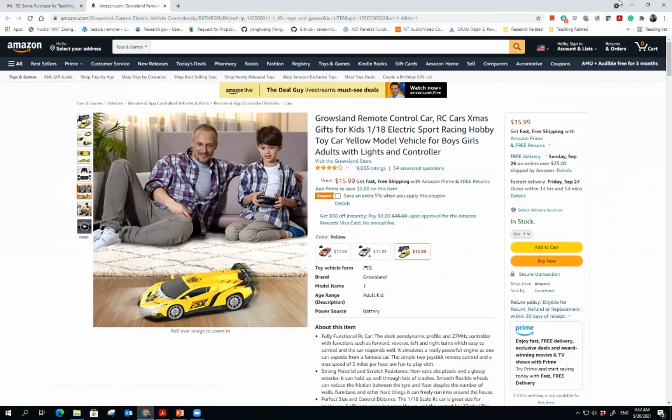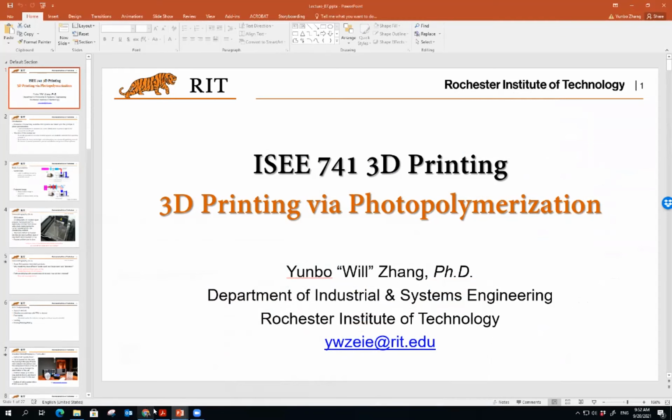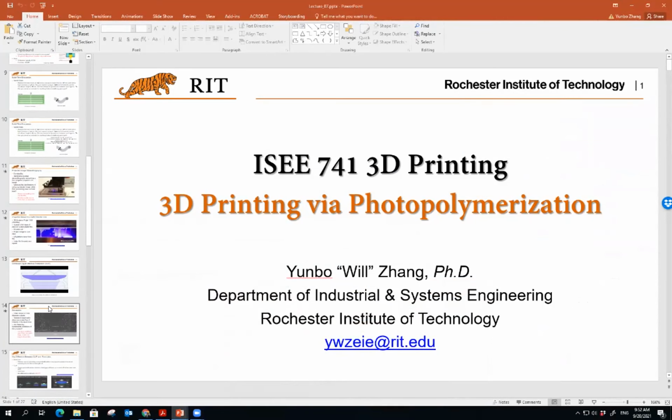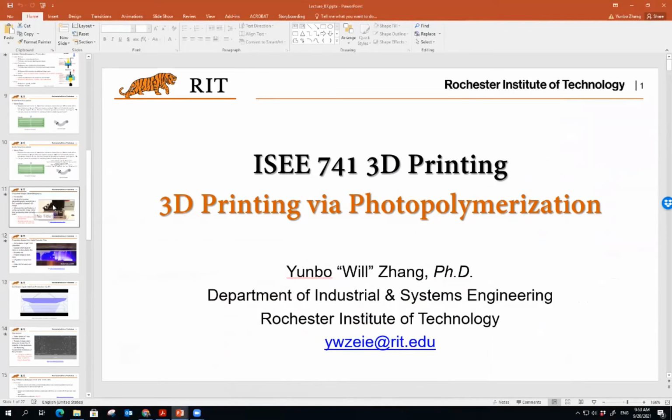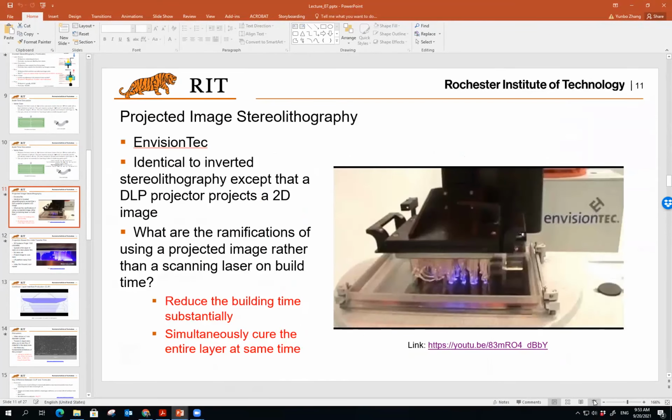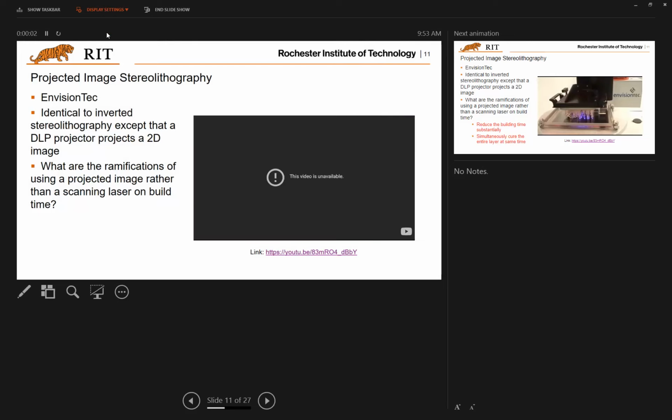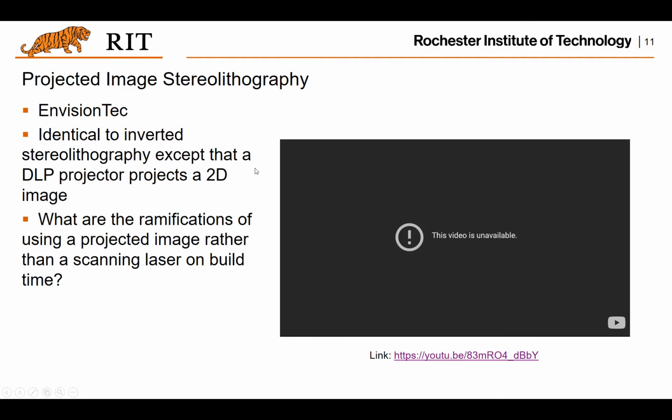All right. Sorry. So yeah, I think the question is basically why we still need the lasers, right? There are two main reasons. One is, compared to the laser, this kind of 2D projection-based process cannot print relatively larger parts because image projection has a limit of the projection size.